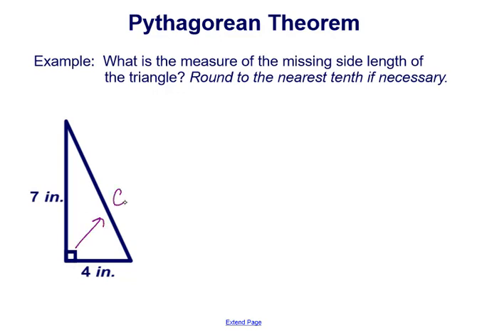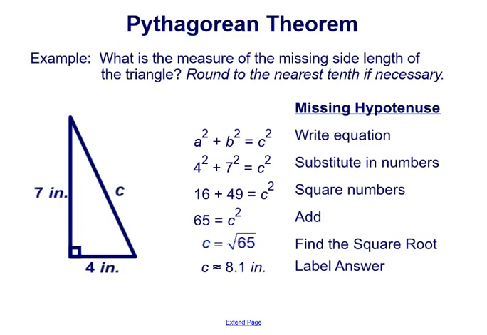That is C. That's the hypotenuse. And you can see we don't know that side length. So we're missing the hypotenuse. We have the measures of our legs: A is 7 inches and B is 4 inches. So we need to follow the process and steps for finding a missing hypotenuse.